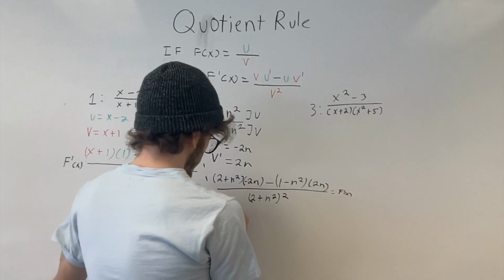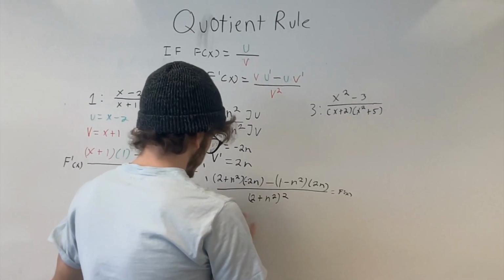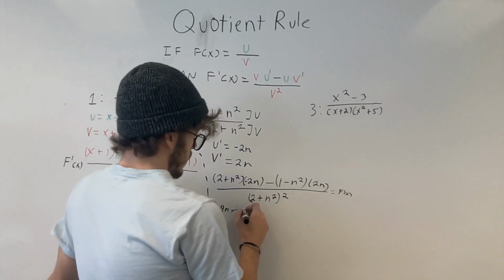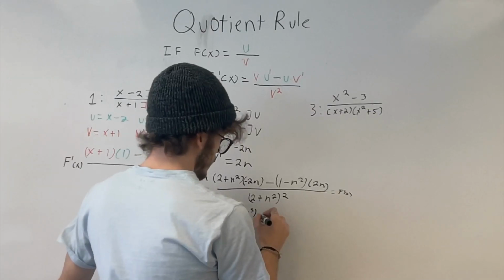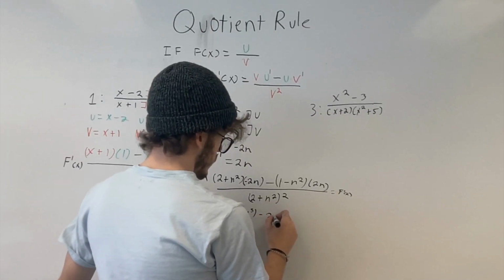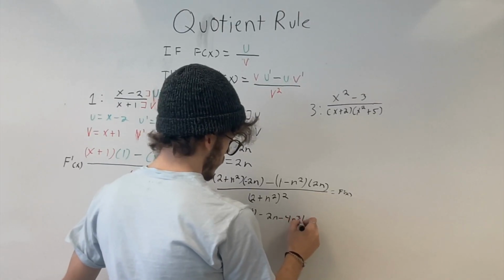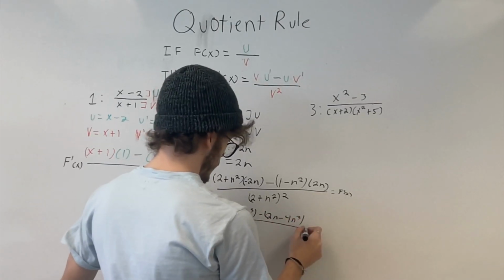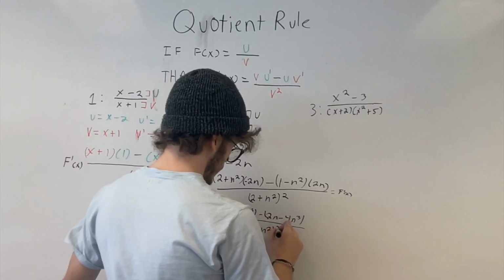So negative 4n, or sorry, that would be minus 4n minus 2n to the third, quantity subtracted by 2n minus 4n to the third. So we have that term there, all over 2 plus n squared to the second.